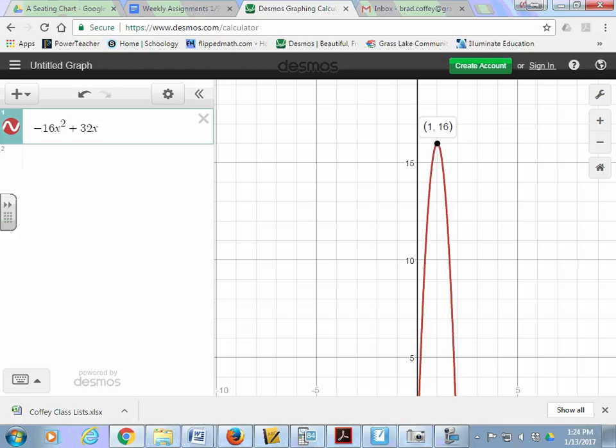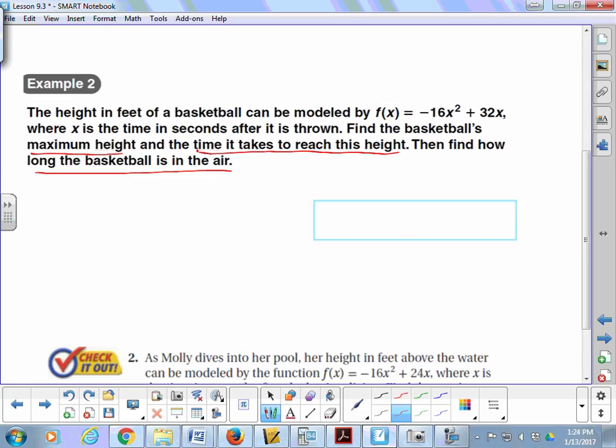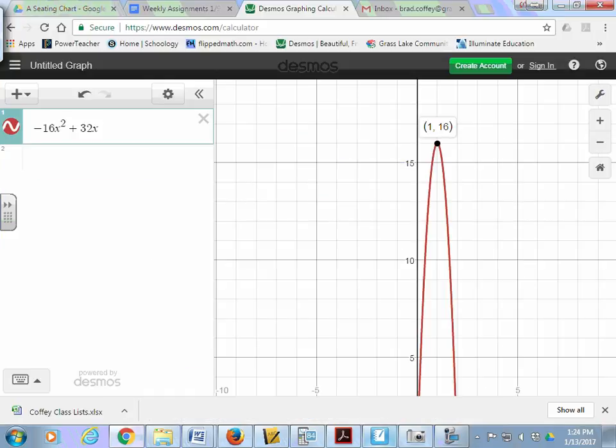We have a story problem that has x in it, and x is time in seconds after it's thrown or shot, or kicked, or whatever may happen. That's time. So this vertex tells me the time till the ball got there, and the 16 tells me the height of the ball.